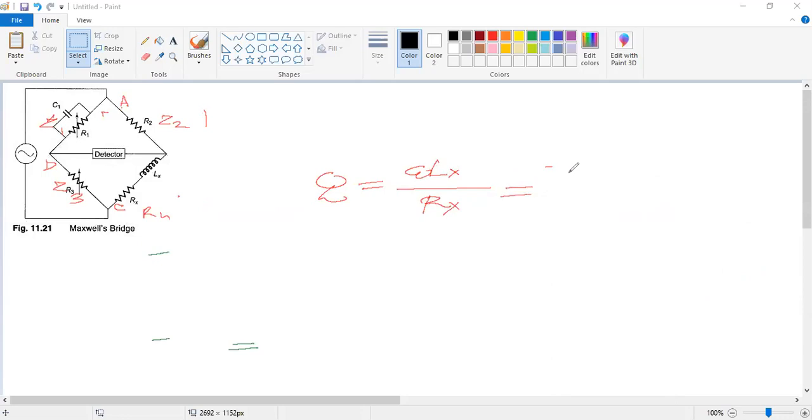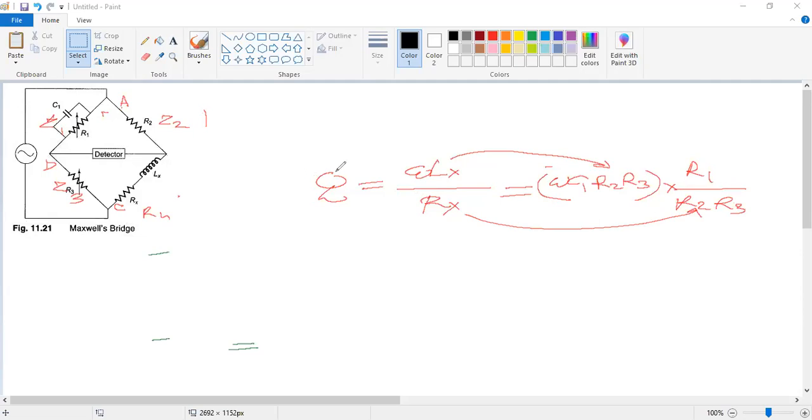Now we can write omega Lx equal to omega C1, I am putting the value of L, C1 R2 into R3, and we also have to write the value of 1 by Rx, means just the opposite, it will change, that is R1 into R2 by R3. This is the quality factor.